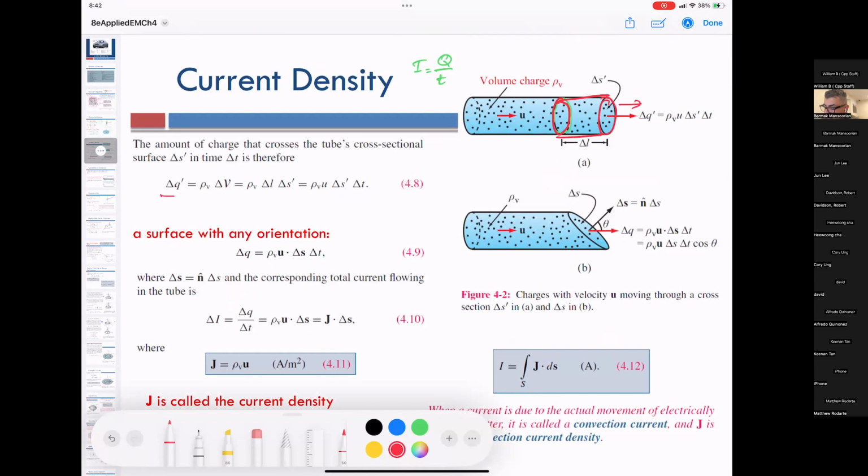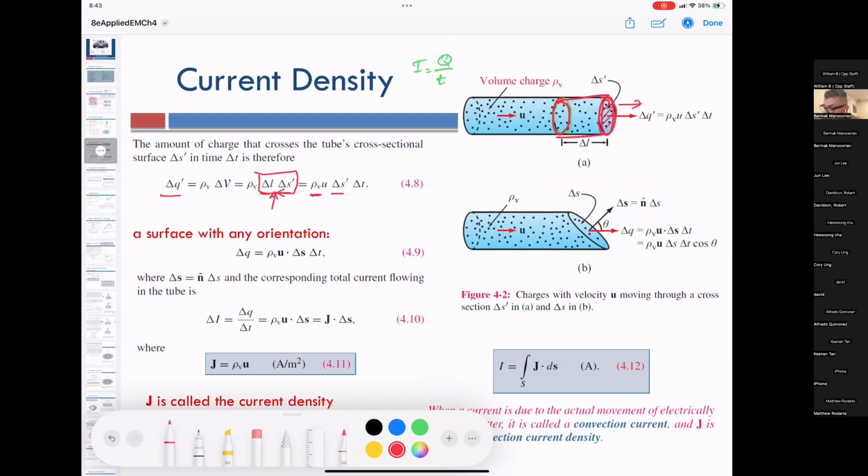So basically the change in current would be the charge density in that volume times the surface, because this gives the volume. Sorry, it's easier to look at it this way. This is the surface, delta S prime, and delta L is the width.